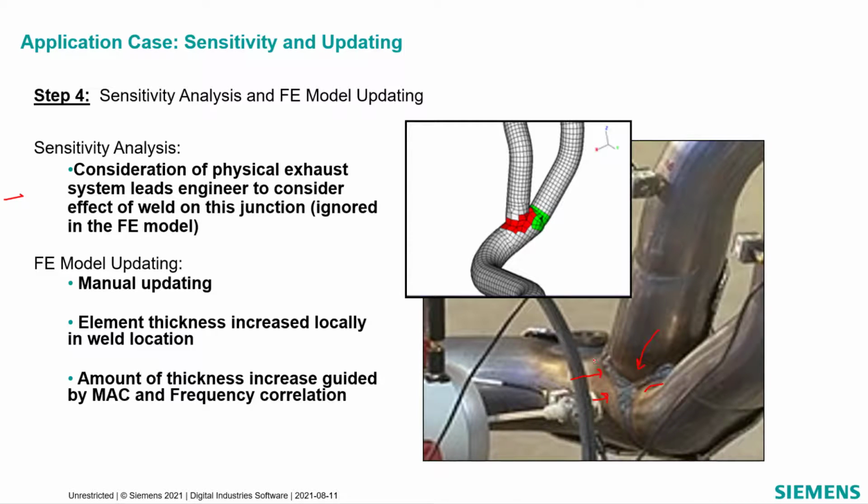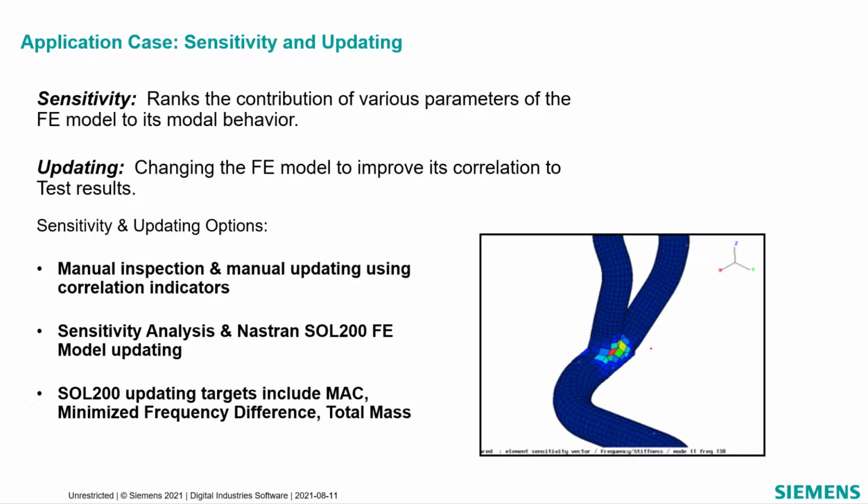So this is the type of lesson that we would like to learn as simulation people. If in the drawings they call out putting welds in certain places, then I need to include the welds as physical elements in my model. Otherwise, I'm going to get the wrong results. So it pointed us to a certain place, but we had to go the extra mile and understand what was going on to learn the valuable lesson we need for the next time we make this model.